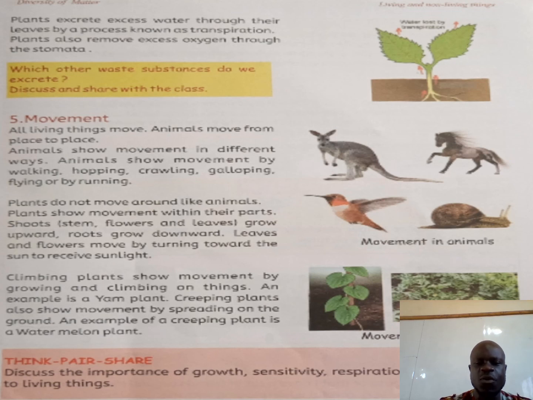An example is a yam plant. Crawling plants also show movement by spreading on the ground. An example of a crawling plant is a watermelon plant. Good. On this note, we end on these five processes and we will continue. Thank you.